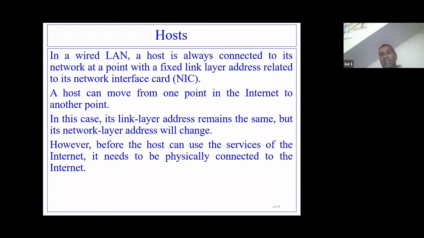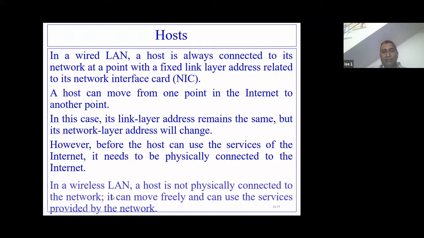If I am using my laptop at home, it will have a different IP address, but the MAC address is not going to change, because it is associated with the network interface card. So the physical address of my laptop does not change, but the logical address, the network layer address, changes when I take it to the college campus.